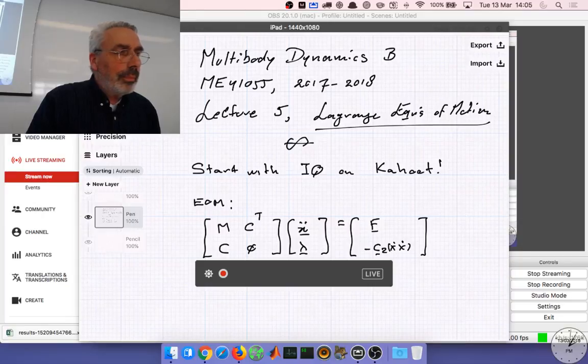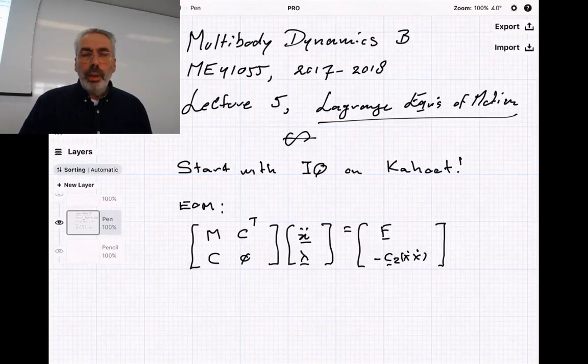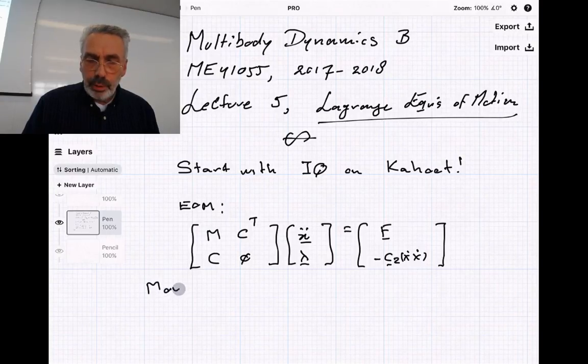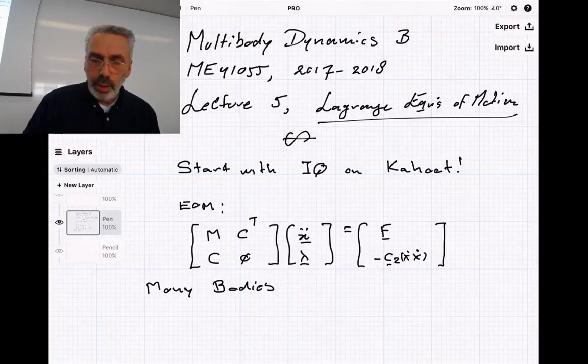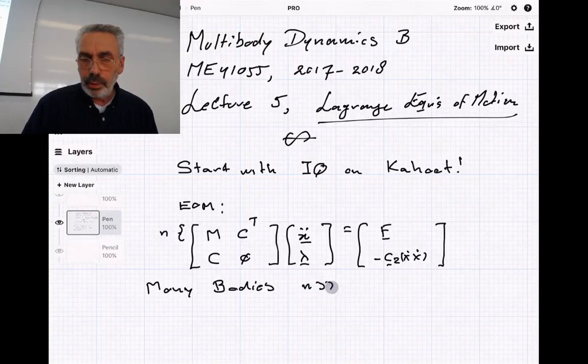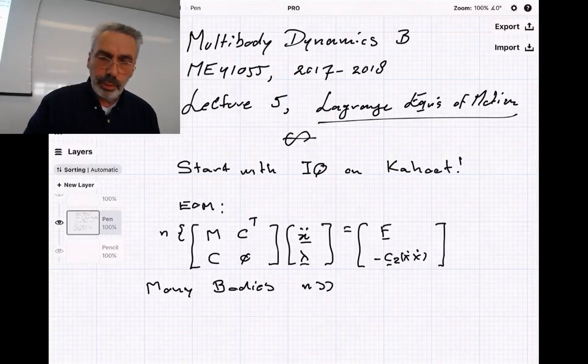Yeah. So now, imagine that you have many bodies, like here in the room, meaning that this n is large.